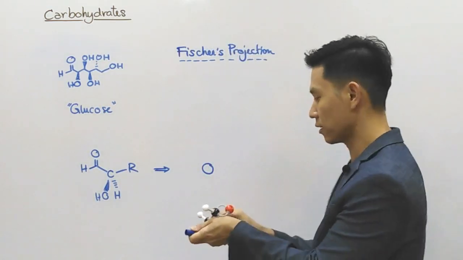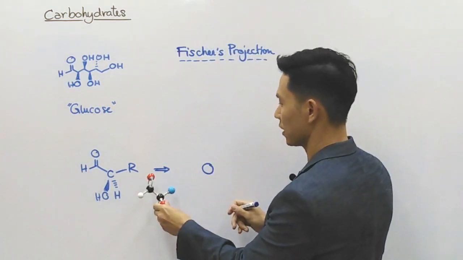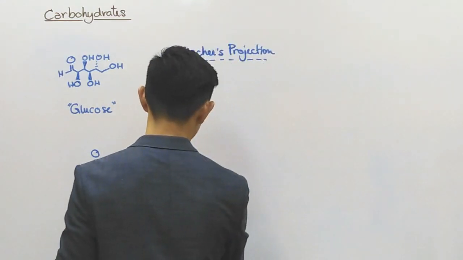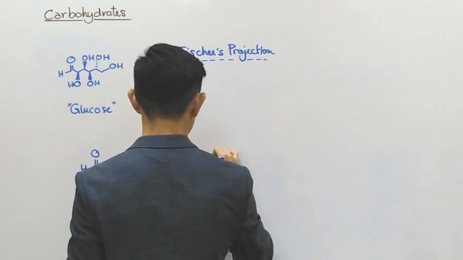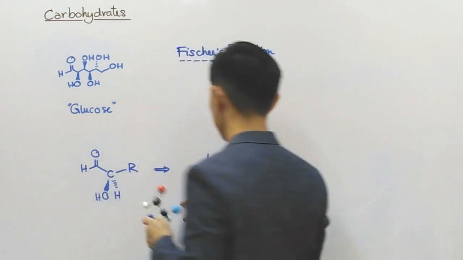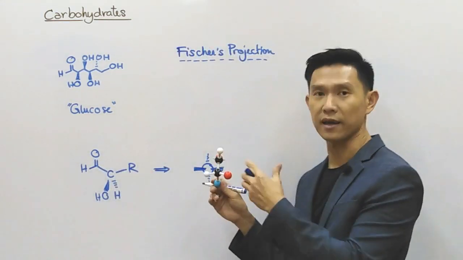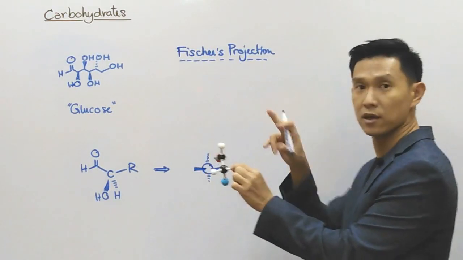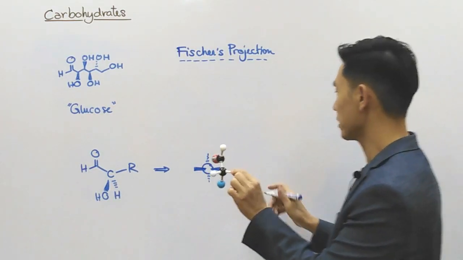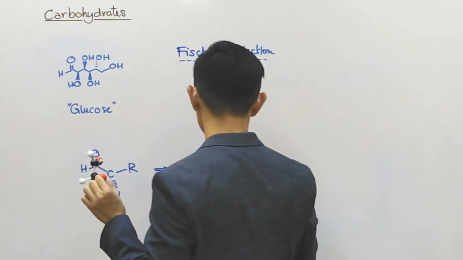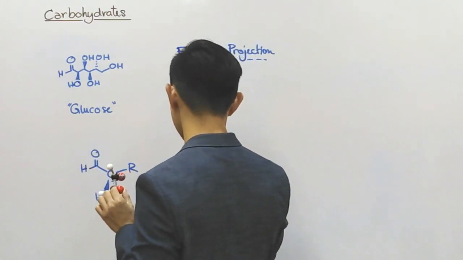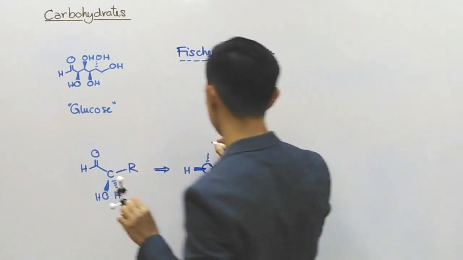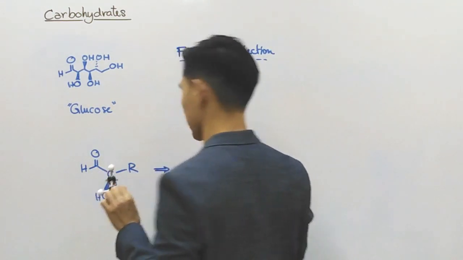From this picture, I just turn it up, and you have the cross. The horizontal line points toward yourself, and the vertical line points downward. So what we can see here is the OH is on the right, H is on the left, the R group points downward, and the carbonyl group points upward.